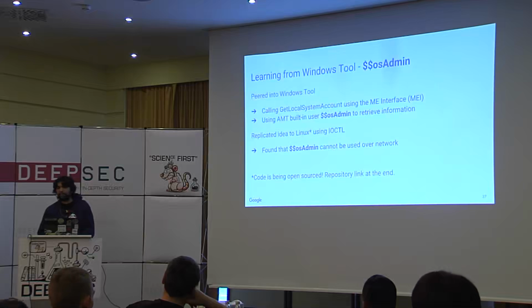So this is an AMT user, which is built in and has limited access. That call retrieves the password for that user. That password is randomly generated at each boot. That account cannot be disabled, and the password cannot be controlled. But the $OSAdmin account doesn't have anywhere near the full access that the admin user has.